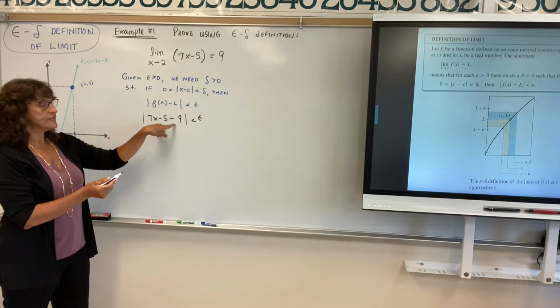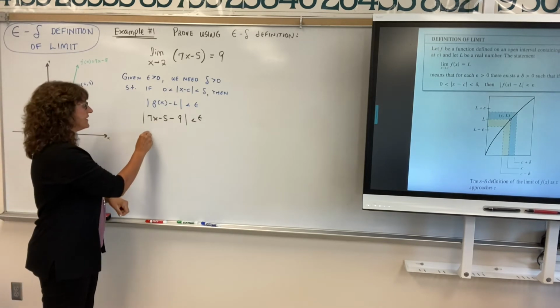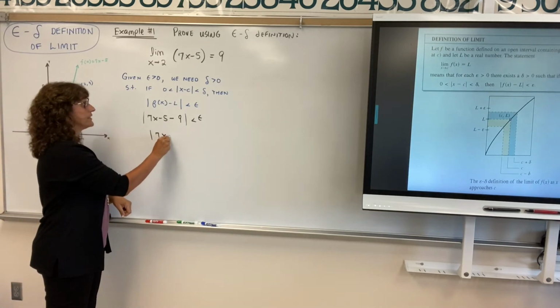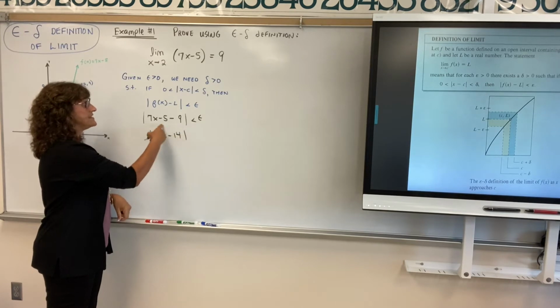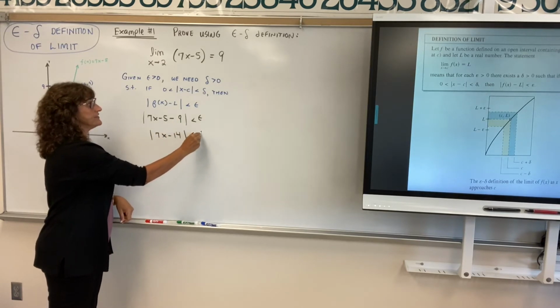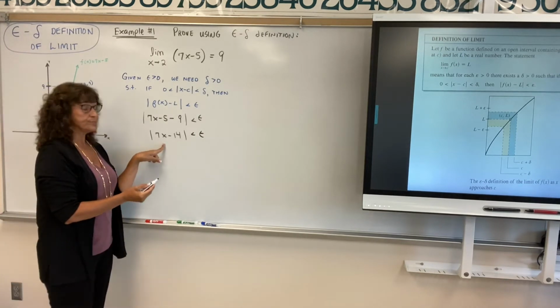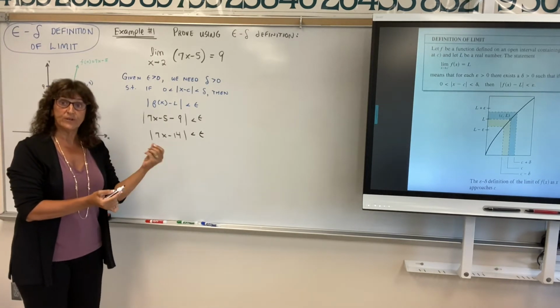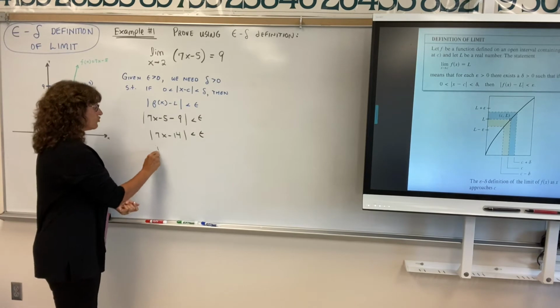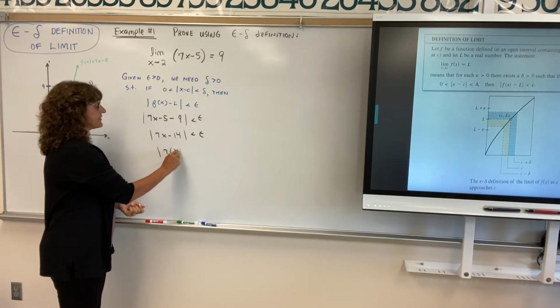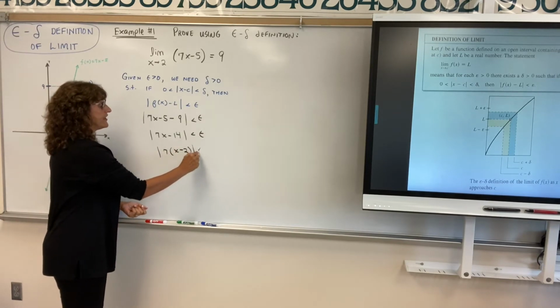And then we can simplify inside the absolute value signs, you can call this 7x minus 14. Negative 5, negative 9 is negative 14. So just simplifying. Then look at this algebraic expression inside the absolute values. You can factor out a 7, so you have x minus 2 when you factor out the 7.